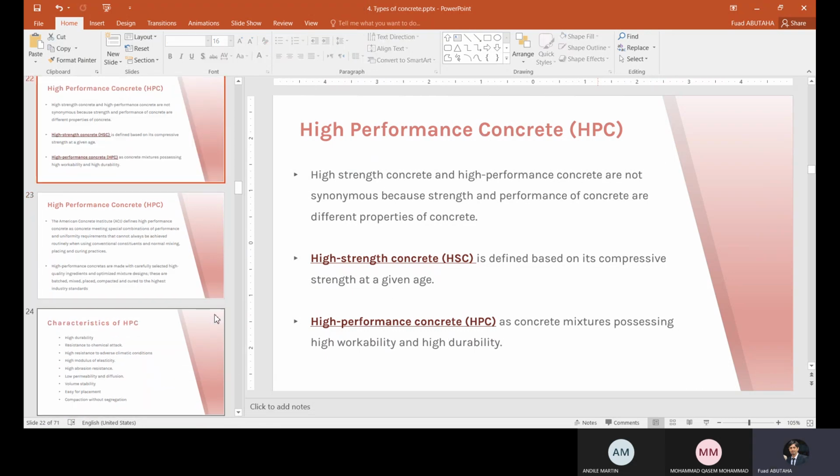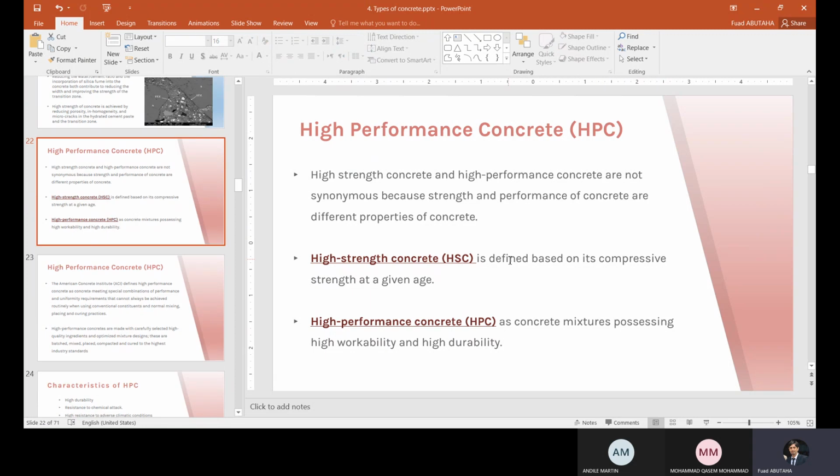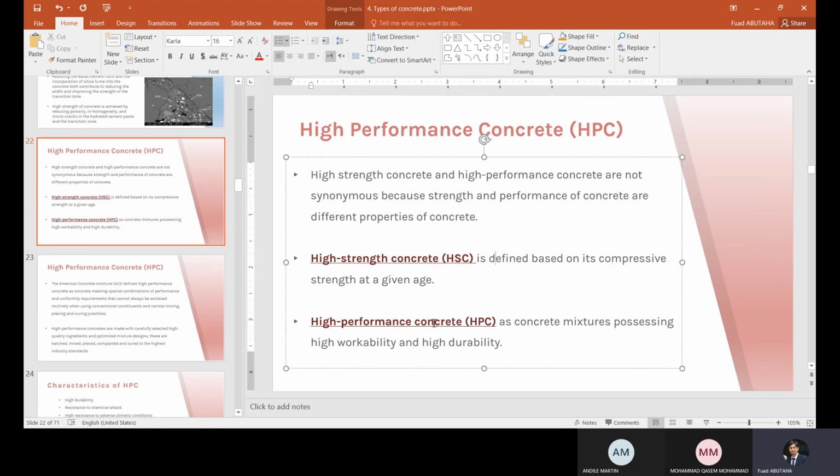And you will get to know that all high strength concrete is high performance concrete, but not all high performance concrete is high strength concrete. If you design a concrete that has high compressive strength, it will by default be high performance concrete.